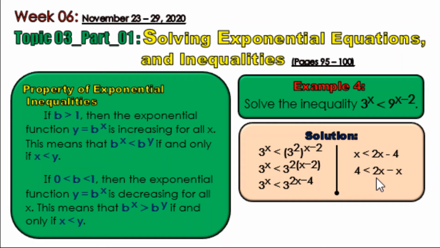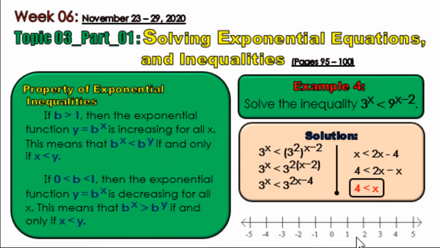We'll be combining these similar terms, and so 2x minus x is x, and therefore the value of our x is greater than 4.